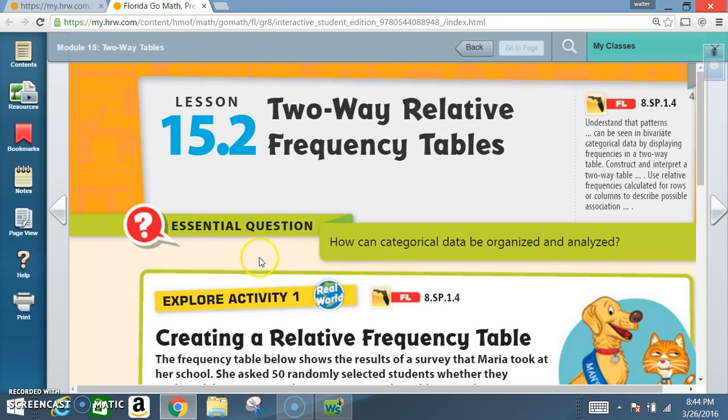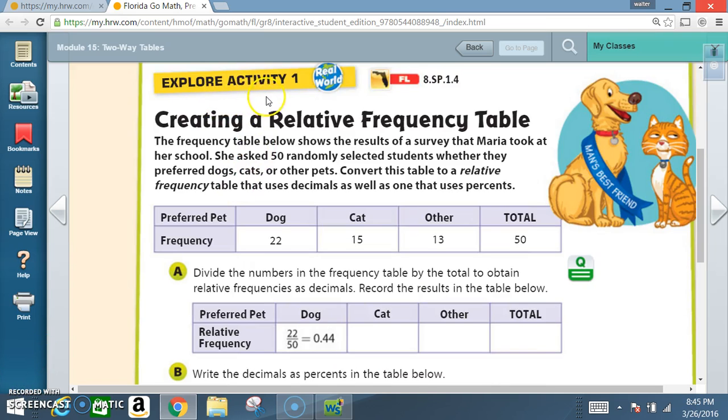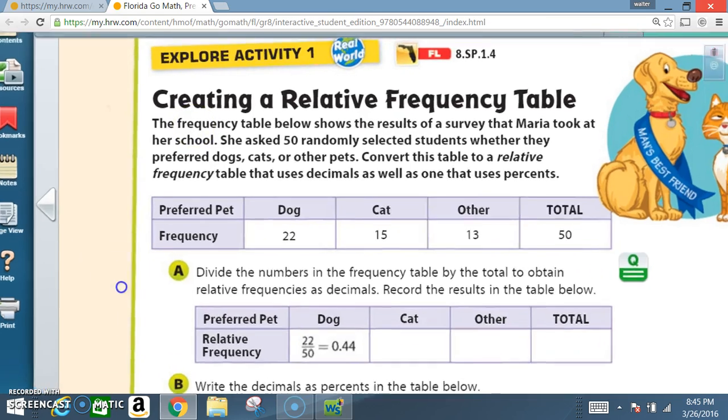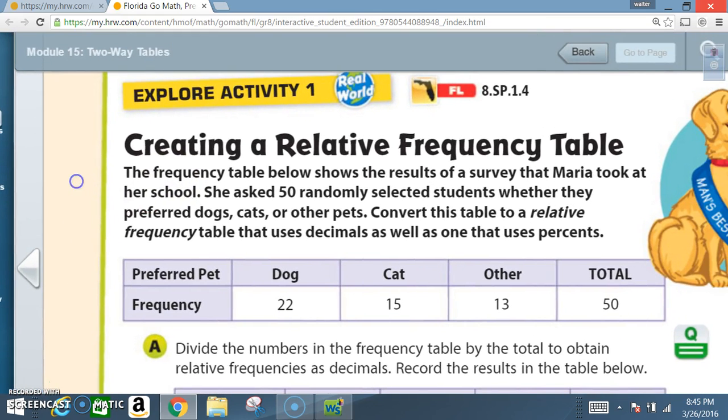All right, now to be successful on examples 1 and 2 in this book, you have to know how to create a relative frequency table. Now we're going to help you do this through this particular activity, creating a relative frequency table. The frequency table below shows the results of a survey that Maria took at her school.